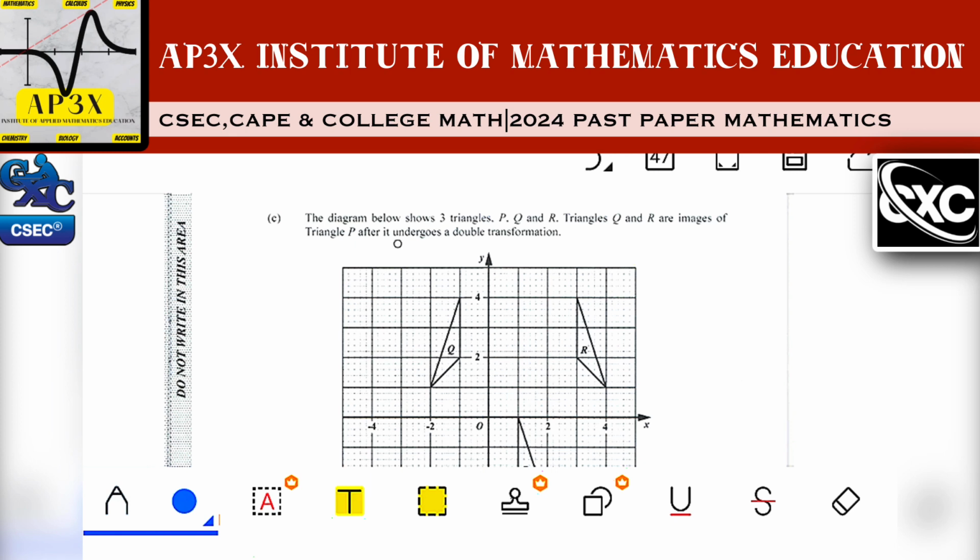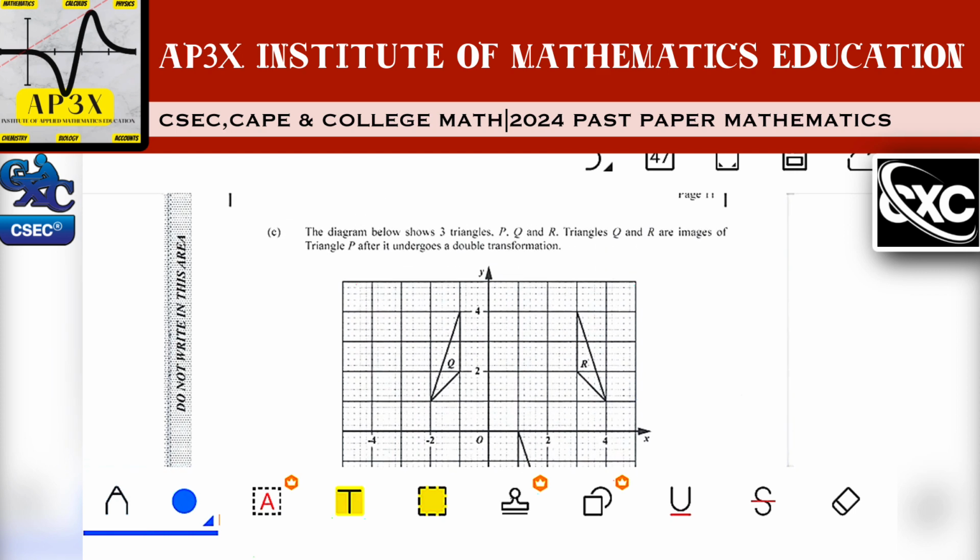The diagram below shows 3 triangles P, Q, and R. Triangles Q and R are images of triangle P after it undergoes a double transformation.